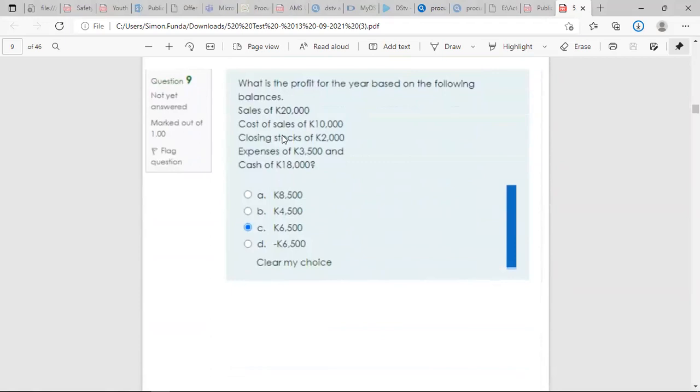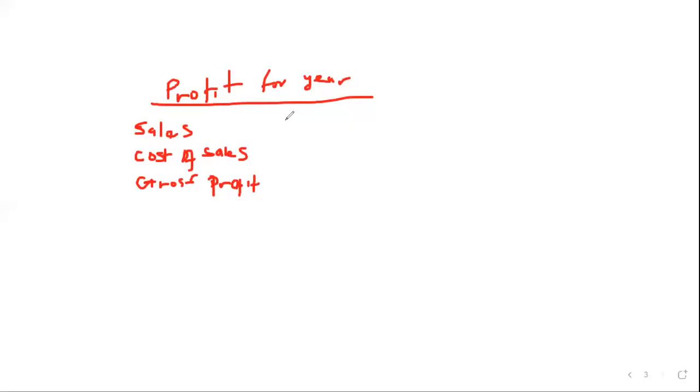Yeah, so our sales were 20,000, cost of sales 10,000, and the expenses 3,500. So we go back to the sales, say 20,000.